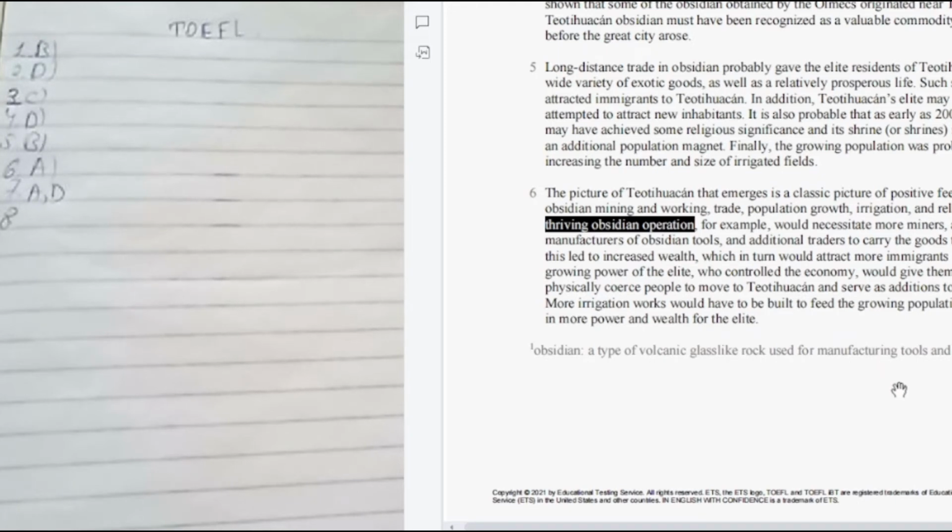All this led to increased wealth, which in turn would attract more immigrants to Teotihuacan. For me, more miners, additional manufacturers of obsidian tools, and traders who control the economy.